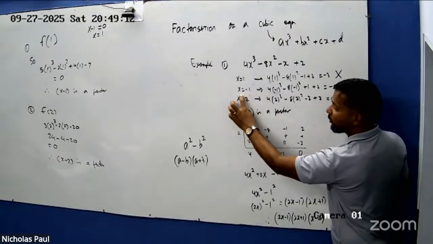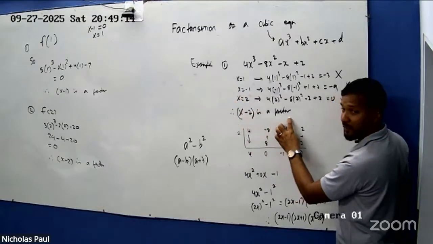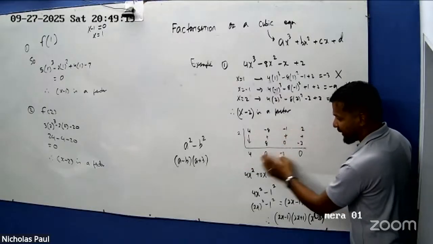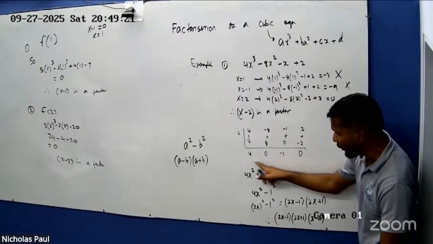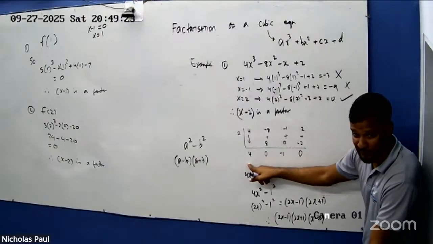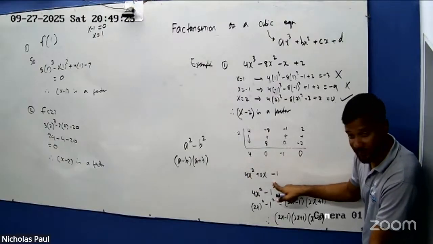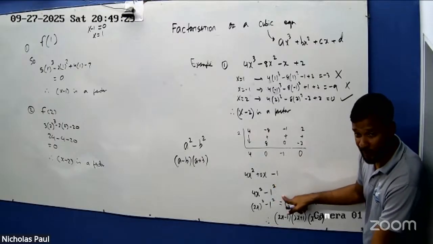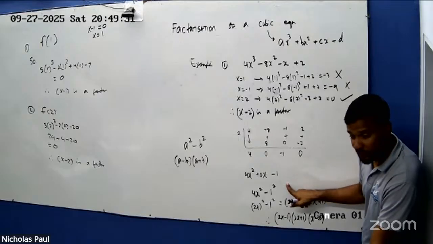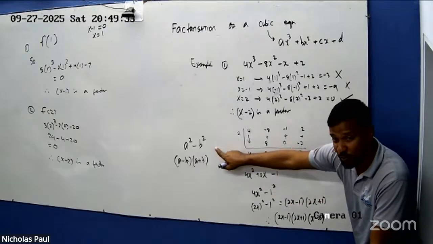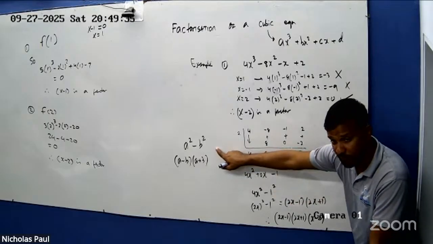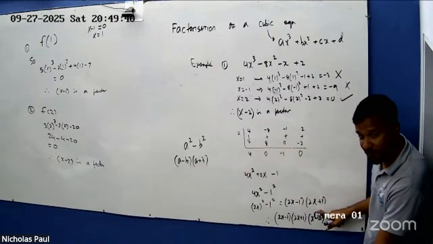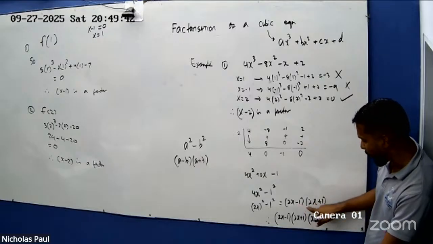Then perform synthetic division, and you will get a quadratic. Then you factorize that quadratic, as I showed you on the first day. Then you put your three answers together.